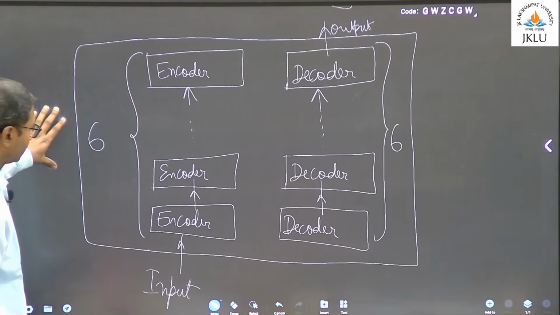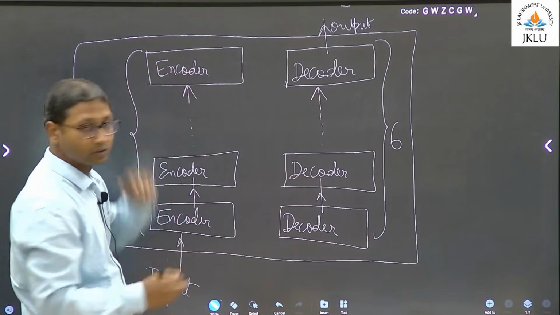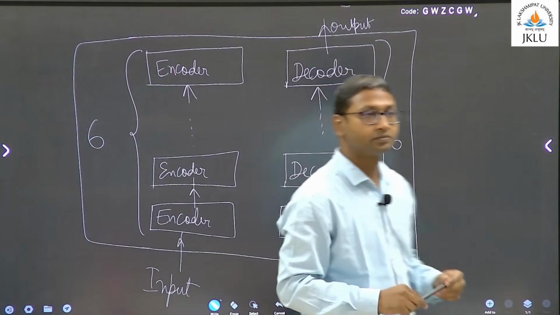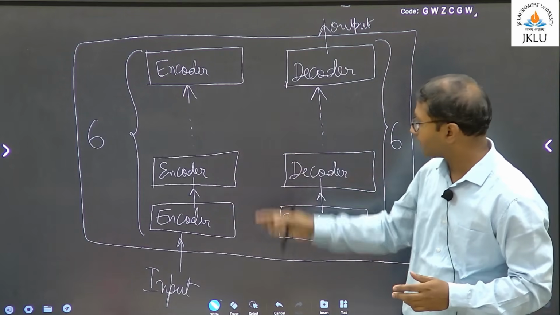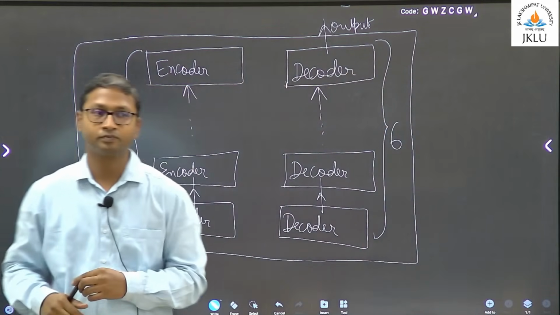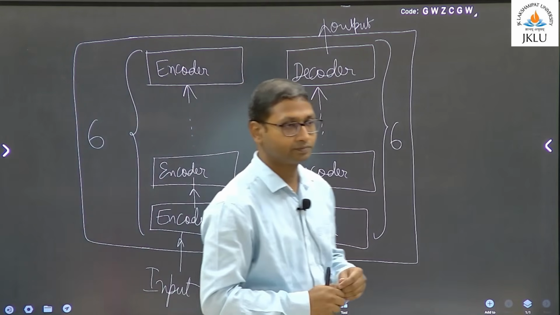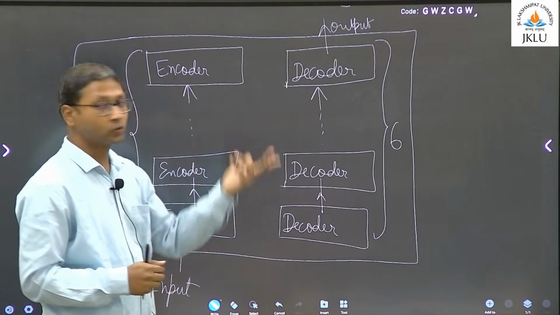Right, so what encoder passes to decoders. Okay, now what can happen here? How do we pass from encoder to decoder? So who should pass to whom?